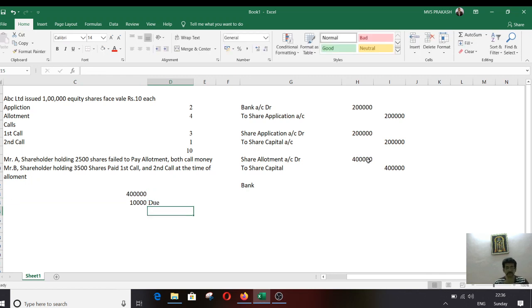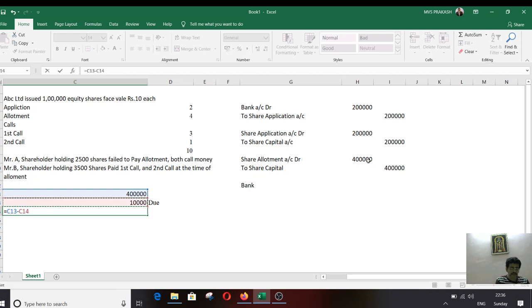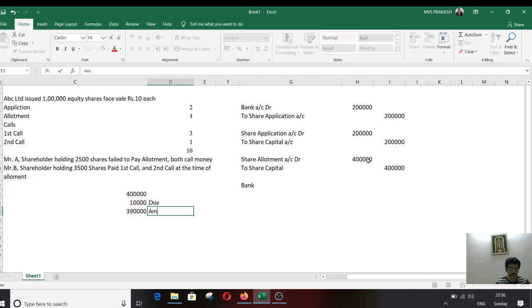So as you are not receiving 10,000, you have received 3 lakhs 90,000 towards allotment.